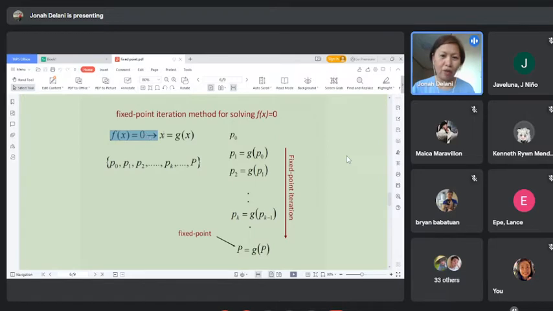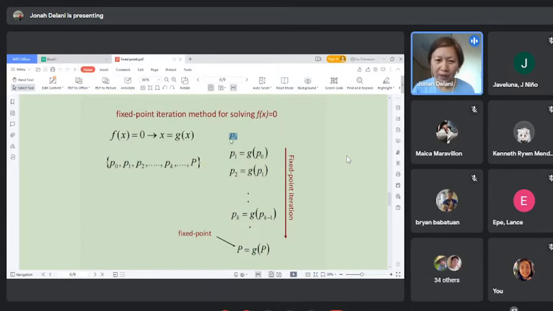And then we solve x in terms of x. And then we find an initial value. An initial value can be any value. Pero mas maayo kung doon siya sa root. This is assuming that we do not know that ato pa siyang solve.